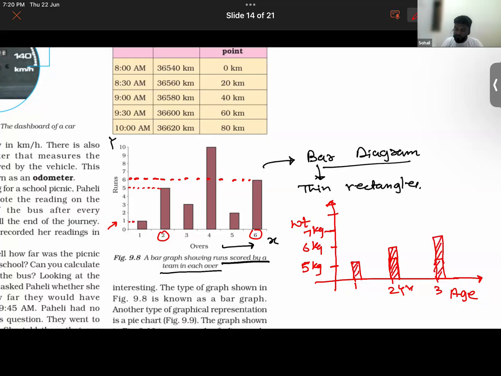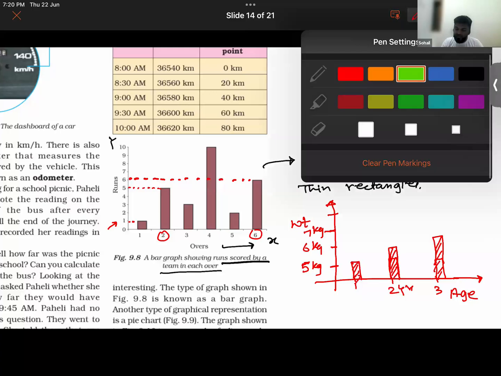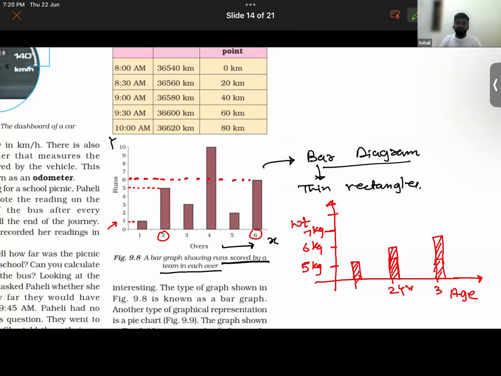So we see that the position and height of the bars here are different. Yes, sir. They are different. The position and height of the bars are different here, and the position and height give their respective value corresponding to the y-axis.